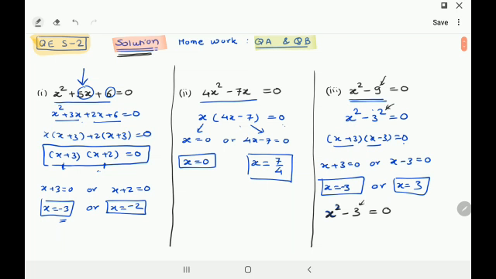Here it is not a perfect square, then how can I solve this kind of question? This can be solved by using x square minus root 3 the whole square is equal to 0. Right, so I get x plus root 3 into x minus root 3 is equal to 0 and that's it. Done? Got the point? Hope you understand.